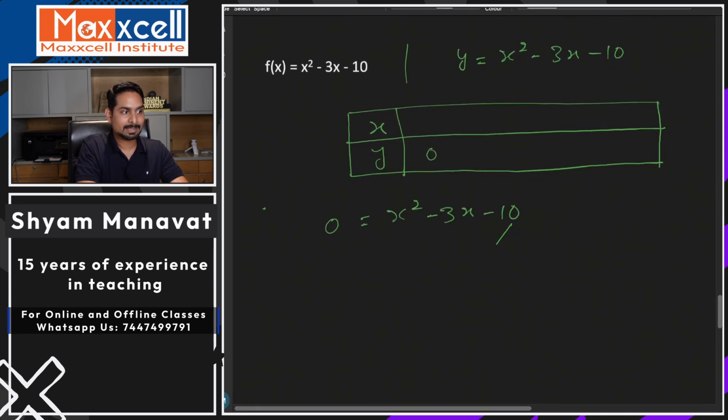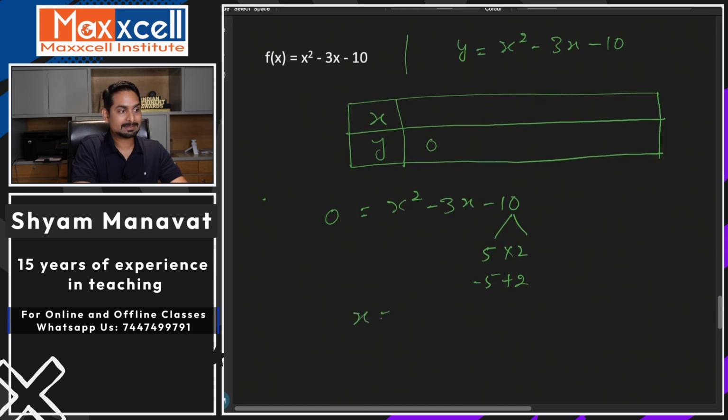Simplify this. Let me use the shortcut. Here 5 into 2 is 10, and if you do minus 5 plus 2 it is going to get you this minus 3. With the shortcut, I got x value is what? Change the sign, 5 and minus 2.